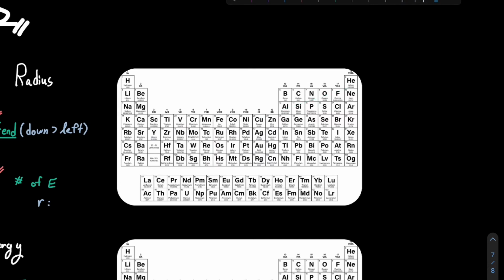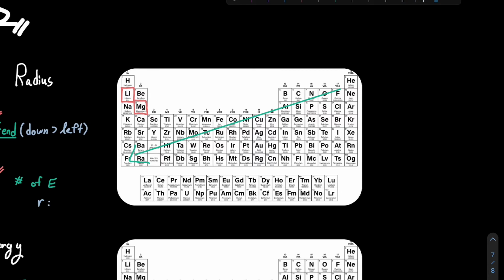Now, you might be wondering, what if we are comparing lithium and magnesium? This is a bit more complicated because although the trend is in such fashion, which one is prioritized, the one in the bottom or the one on the left?